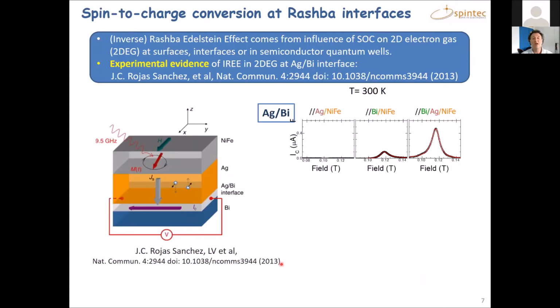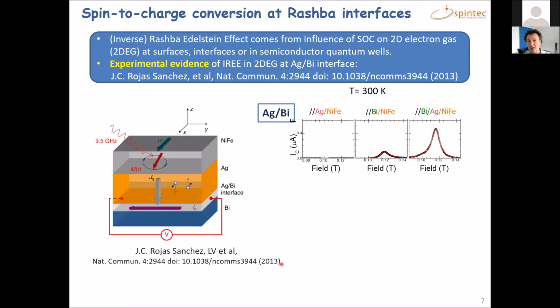When we did the experiment on silver bismuth, where we want to take advantage of the large Rashba effect appearing at this interface, we figured out that in that case the analysis is a bit different than in the case of the spin Hall effect.